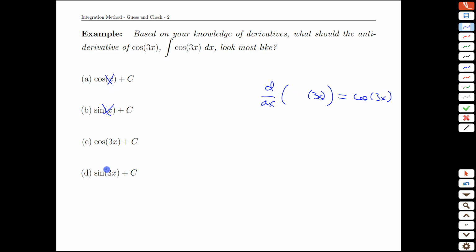And then we might think, well, what do I differentiate to get cos? I might differentiate sine. However, this is not actually equal yet. If I differentiate sine of 3x, I get cos of 3x times 3. So we're not quite right. This is a good guess, but it needs correction, or needs tweaking.